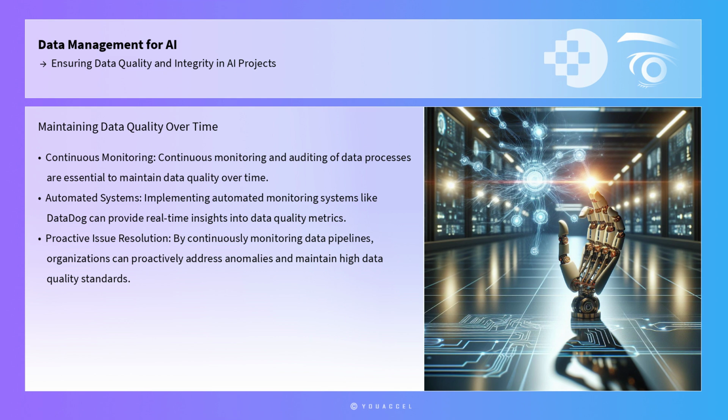In addition to these tools and frameworks, continuous monitoring and auditing of data processes are essential to maintain data quality over time. Implementing automated monitoring systems using platforms like Datadog can provide real-time insights into data quality metrics, alerting organizations to potential issues before they impact AI models. By continuously monitoring data pipelines, organizations can proactively address anomalies and maintain high data quality standards.